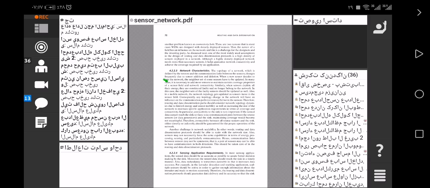Connectivity hole means our sensor can detect physical parameters, but it doesn't have any neighbor to report its data to, and finally to the sink. So it's like a person trapped on an island.